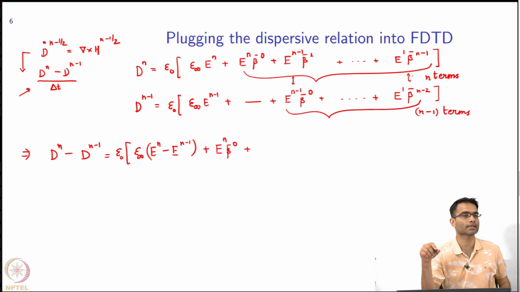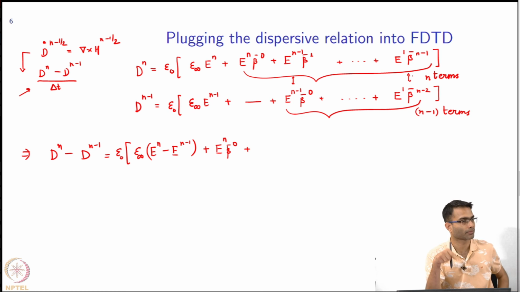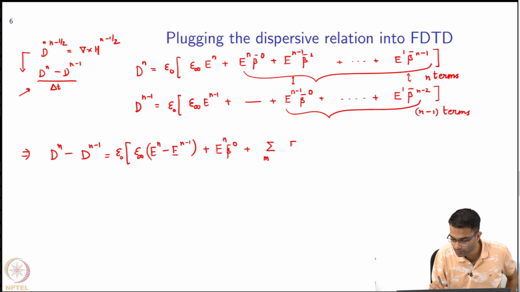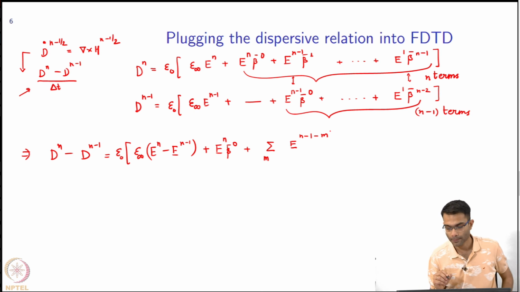So, notice what is nice is the E is the same in both these terms. It is E1, E1, E n minus 1, E n minus 1. So, let us write that as a summation over M, E n minus 1 minus M. In D n minus 1, the first two terms are for n minus 1 term itself.